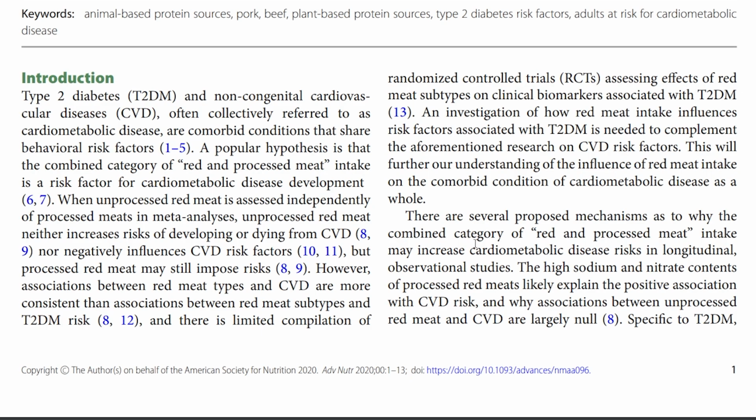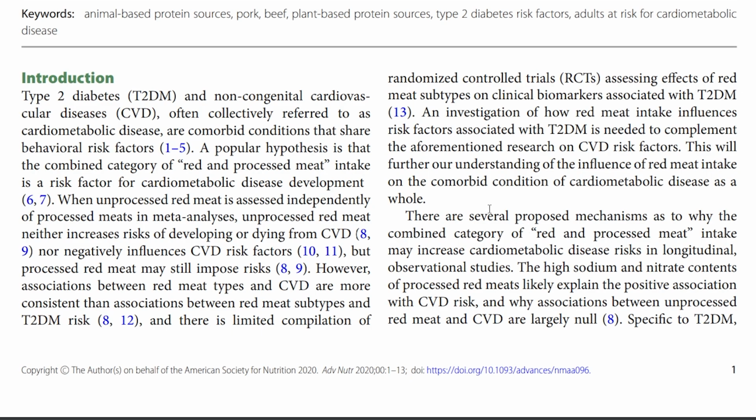That said, however, associations between red meat types and cardiovascular disease are more consistent than associations between red meat subtypes and type 2 diabetes mellitus risk. And there is limited compilation of randomized controlled trials assessing effects of red meat subtypes on clinical biomarkers associated with type 2 diabetes mellitus.